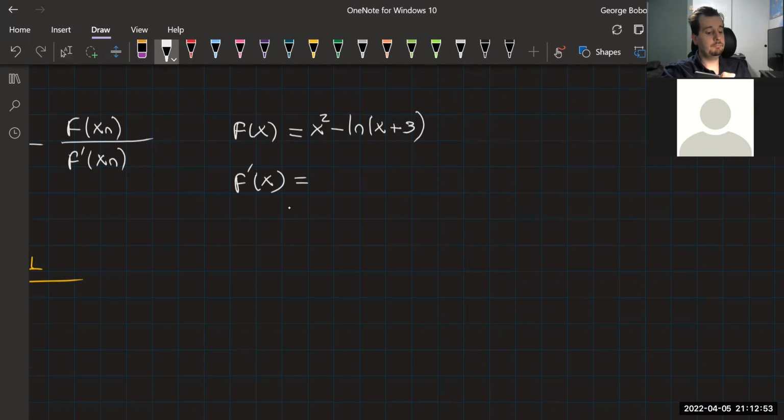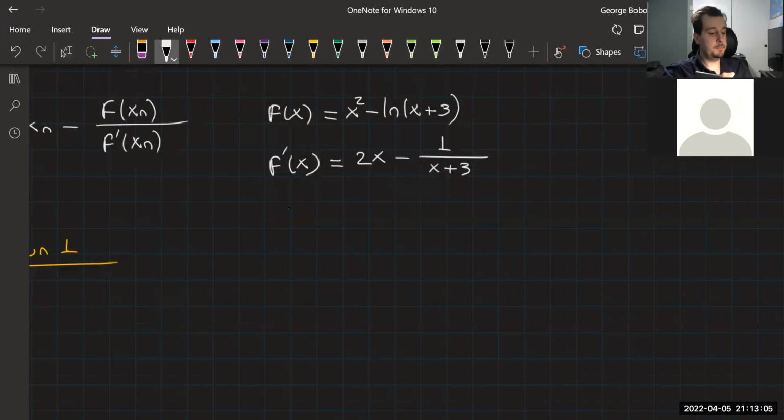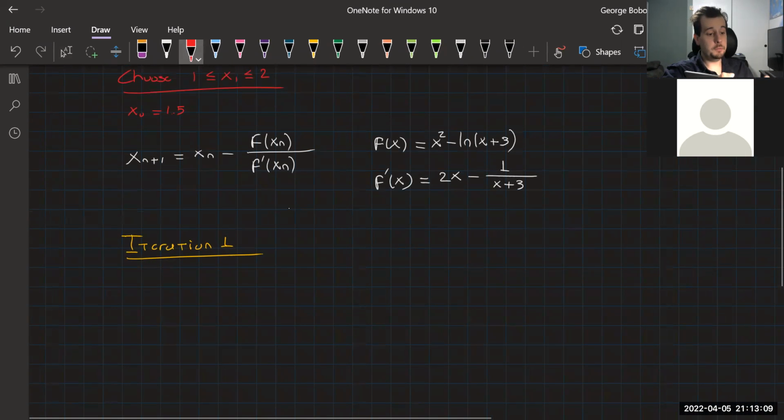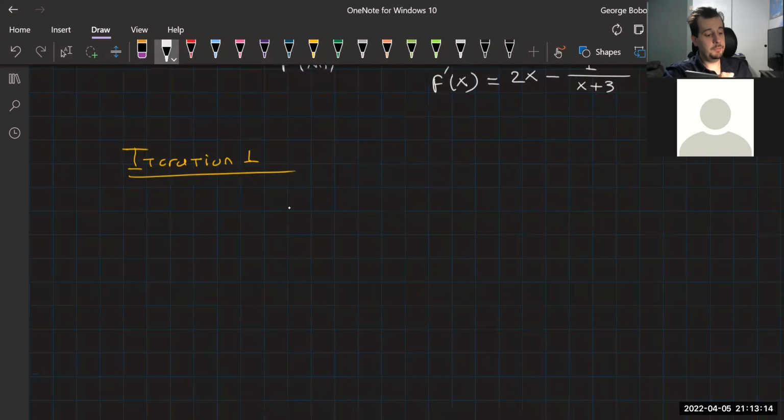It will be 2x minus 1 over x plus 3 times 1. Yes. Perfect. So you picked 1.5 to start this off. That's going to be the first value that we try. All right, x1 is 1.5.